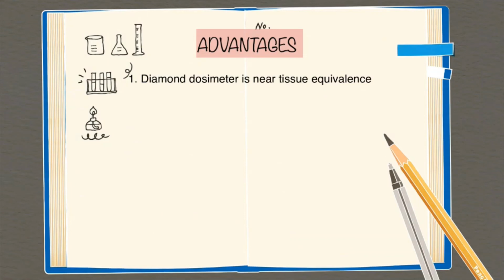When comparing the atomic number of diamond with the human tissue, it shows that the atomic number of diamond is closely the human tissue effective atomic number, as the atomic number of diamond is 6 while human tissue is 7.5. So, the diamond dosimeter is more effective in detecting the radiation to human body.